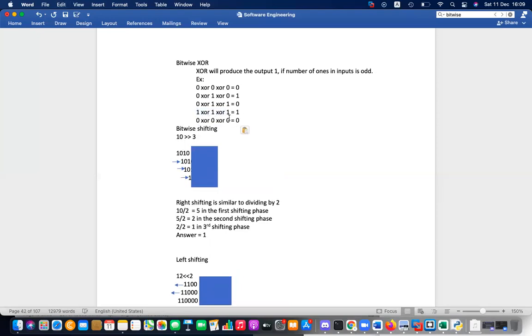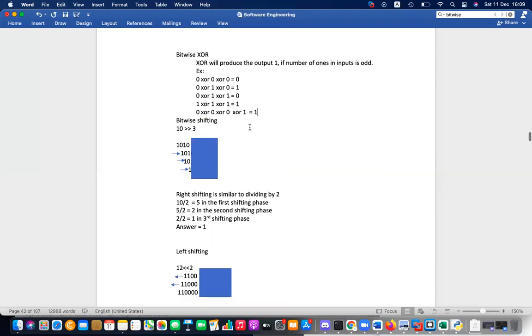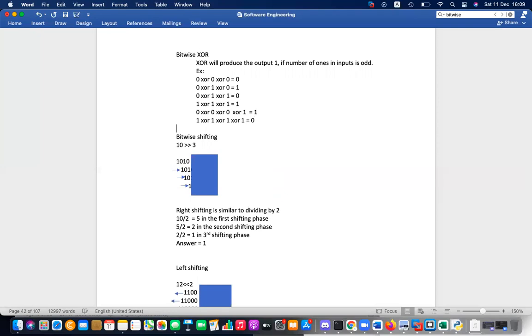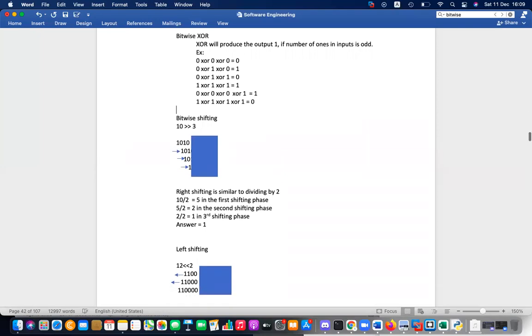If you have 0, 0, 0 XOR 1, then it is also 1, because that's a 1. Then 1 XOR 1 XOR 1 XOR 1 has 4 ones. 4 means even, means 0. So this is how the XOR gate works.